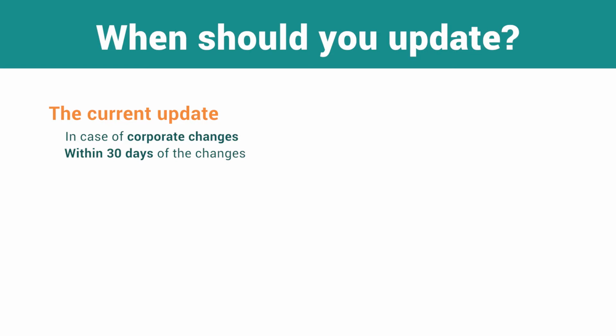In case of a current update, when decisions involve corporate changes occurring during the year, it is necessary to make a current update within 30 days of the change. If ever these changes occur in the production period of the annual updating declaration, it is possible to combine the two.